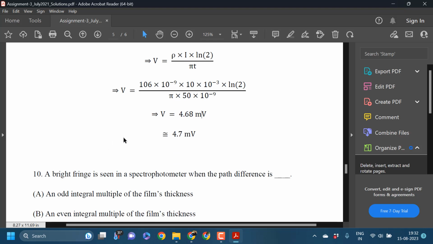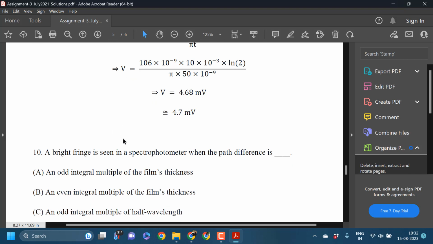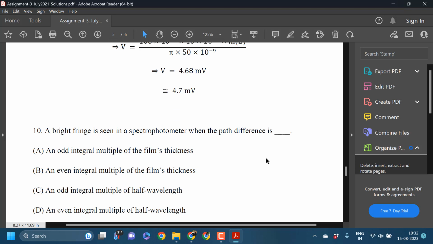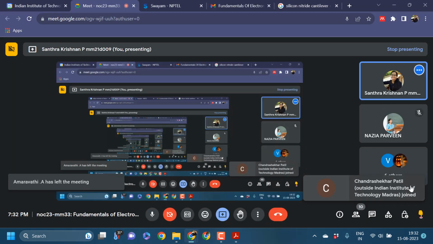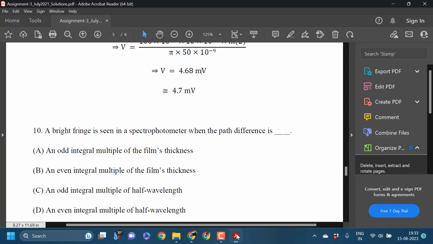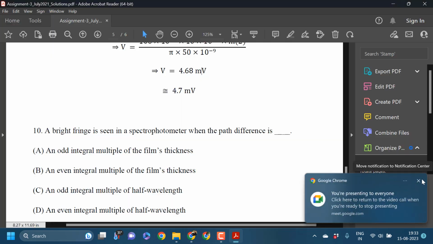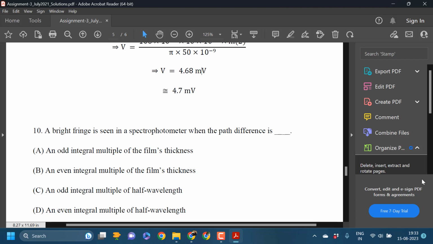A bright fringe is seen in a spectrophotometer when the path difference is an odd integral multiple or an even integral multiple of half wavelength. Basically, it's a diffraction question. Odd or even?